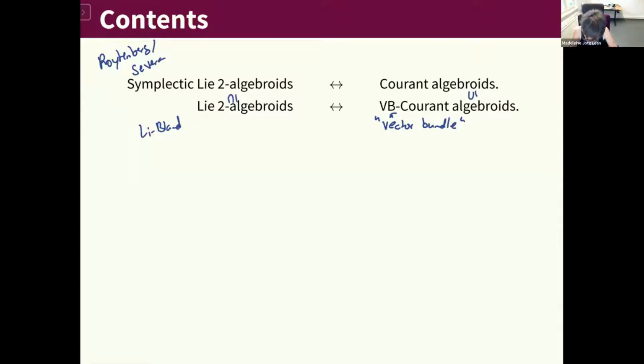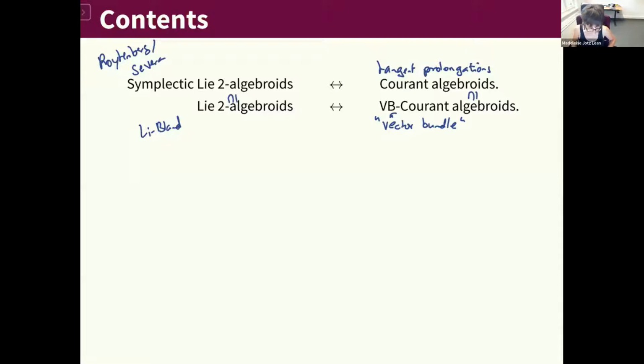We see that more on one side seems to be less on the other side, which seems strange, but of course it's not. There's a very simple explanation. It's because in this equivalence, Courant algebroids are actually tangent prolongations of Courant algebroids. And then they fit very well as a particular class of VB-Courant algebroids.